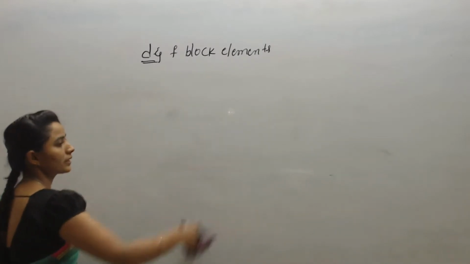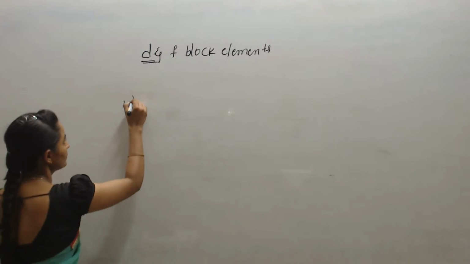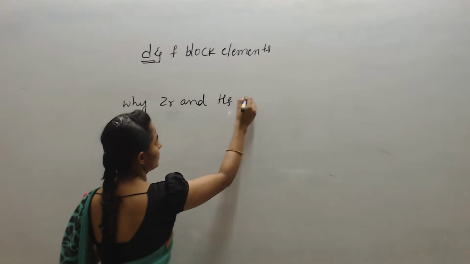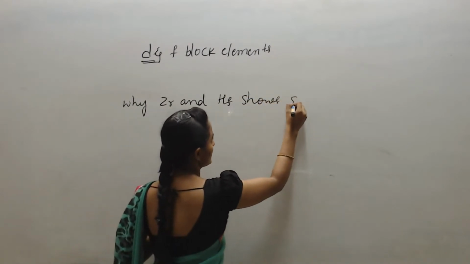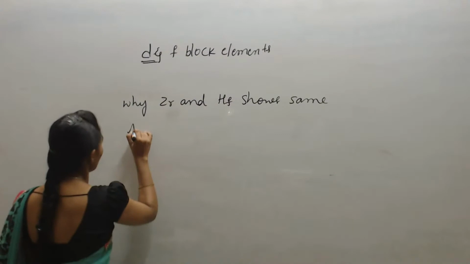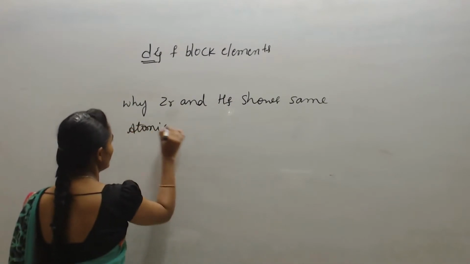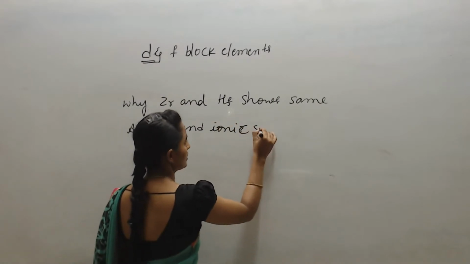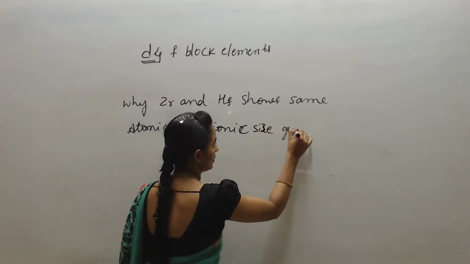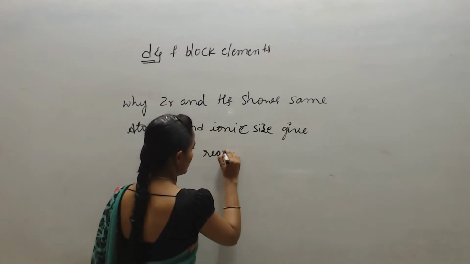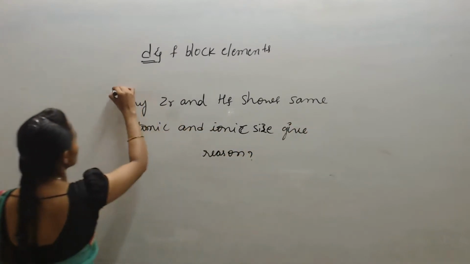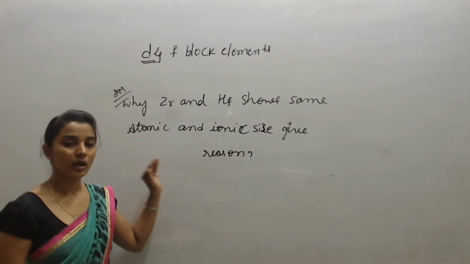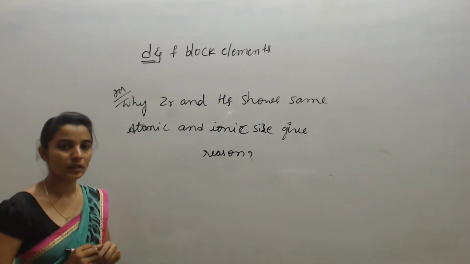Often they ask in the examination: why do zirconium and hafnium show the same atomic and ionic size? Give reason. This is very important for 2 marks. For this, students, you have to answer and send the answer to me in the group. Okay, thank you.